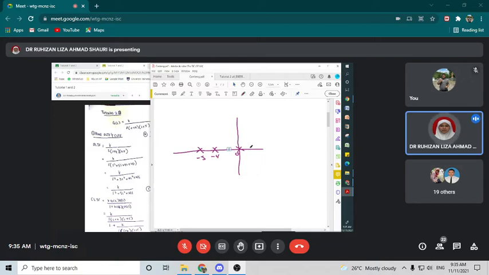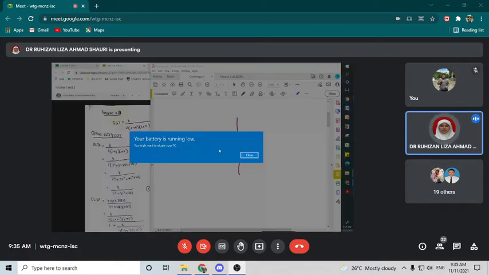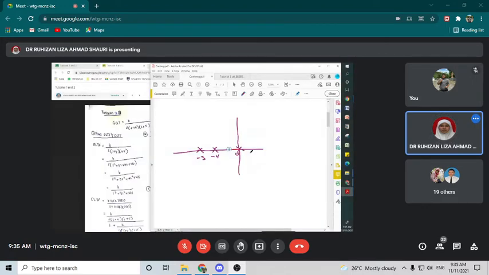Rule number 3: left, right, and then left again. So direction, direction, and split.